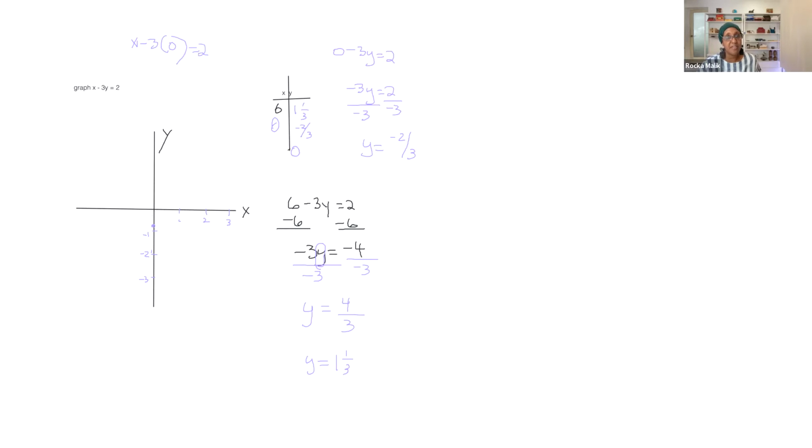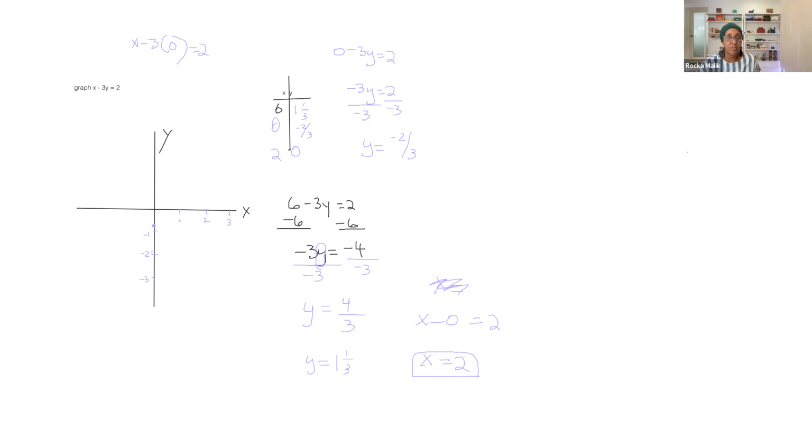So I have x minus, what's 3 times 0? 0. So x minus 0 equals 2. Nothing to do here, so I end up with x equals 2. We should have done this in the beginning. Okay, so if y is 0, then x is 2.